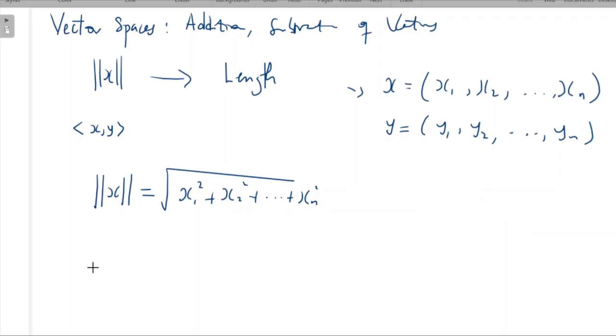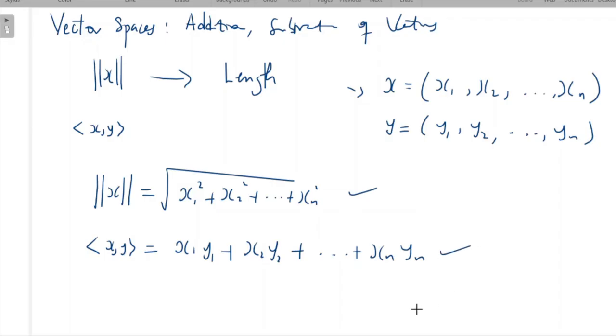Now, let's talk about the inner product. The inner product is expressed as x1 y1 plus x2 y2 up to xn yn. This is the expression of the norm and this is the expression of the inner product. What do they do?